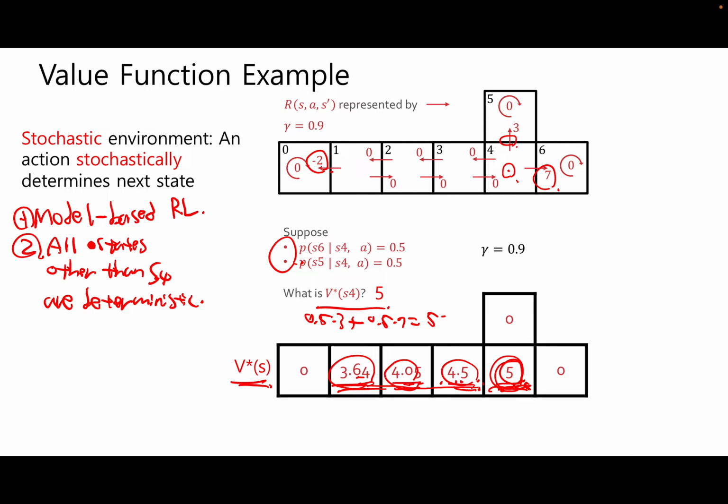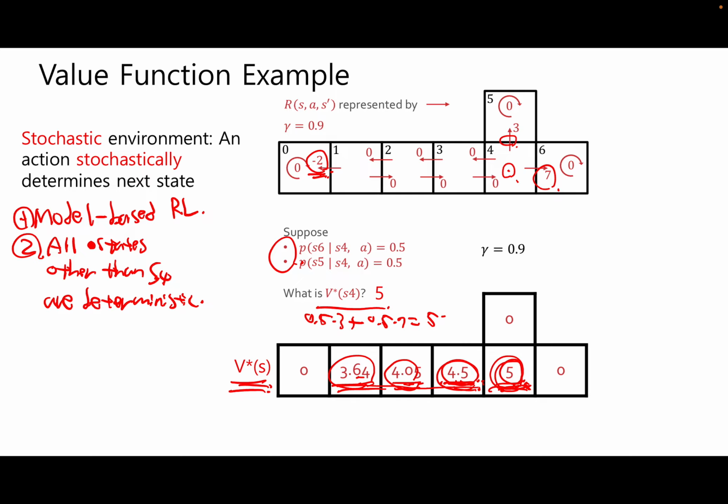In this case, how about state 3? According to this model, we know that if we go left, we will get this too small reward, so according to model-based RL, the model should go right to make the value function optimal and to get the value function maximized, right? And it is deterministic, so there is no probability for other states.